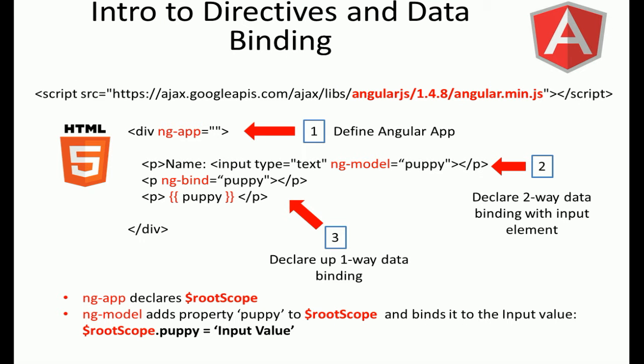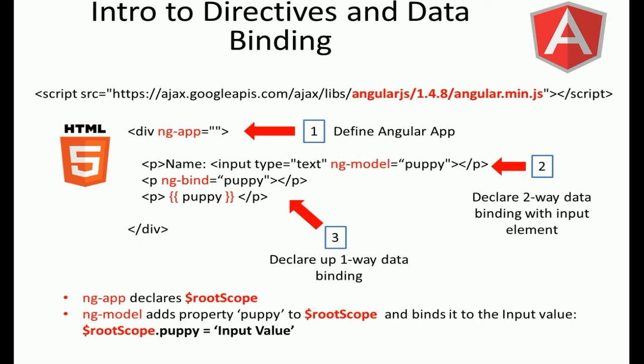Next, how do we project the value of root scope.puppy to the view in a one-way manner? This is accomplished with the ng-bind directive. Just add ng-bind as an attribute and pass the attribute value of the scope property that you want to see in the view. In this case, the scope property is puppy.